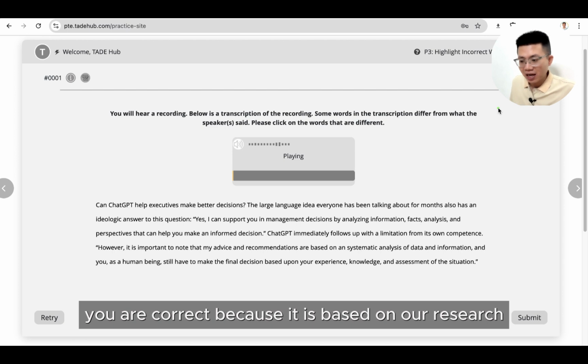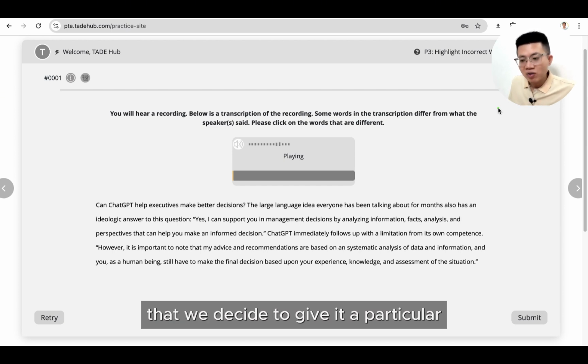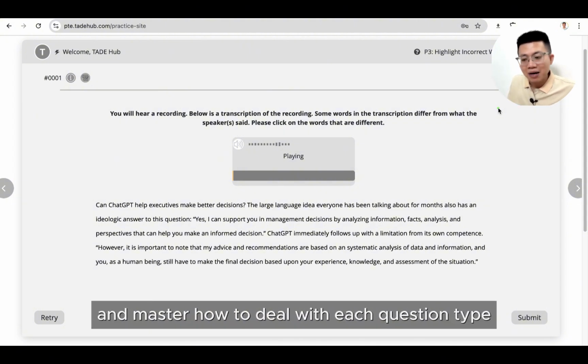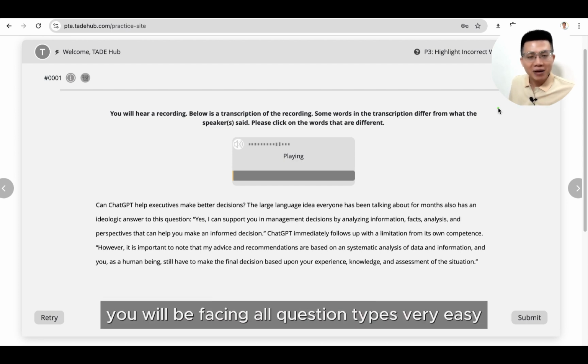You are correct, because it is based on our research that we decide to give it a particular amount of time for you to practice and master how to deal with each question type. So on your test day, you will be facing all question types very easily.